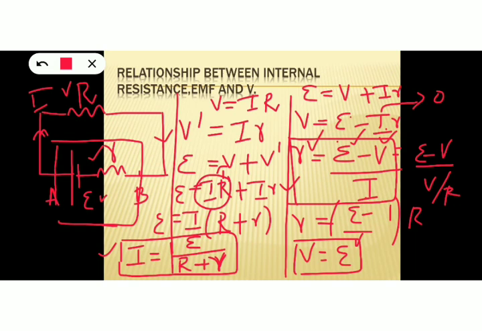That means it is an open circuit. In that case, the potential difference will be EMF itself. And when current is drawn from the cell, then our potential difference becomes V equal to E minus I r. Potential drop through the internal resistance r also should be considered in such cases. So our potential difference will always be less than EMF, which is very clear from this expression.